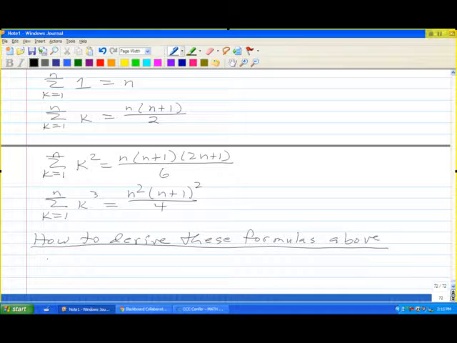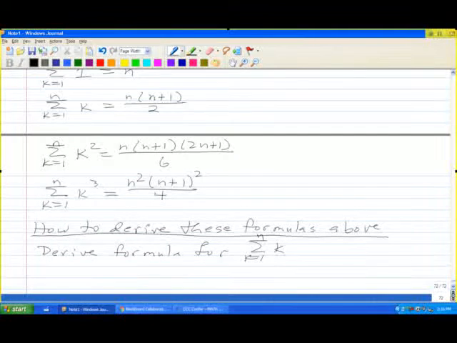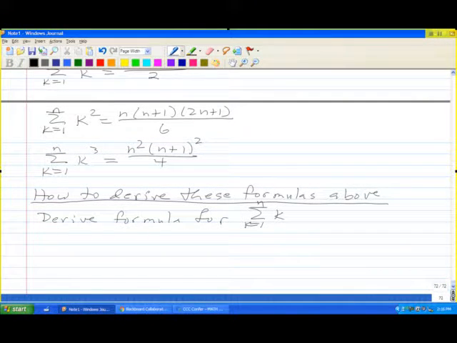I need to know the sum for the one above it, the sum k equaling 1 to n of 1, but we know that.